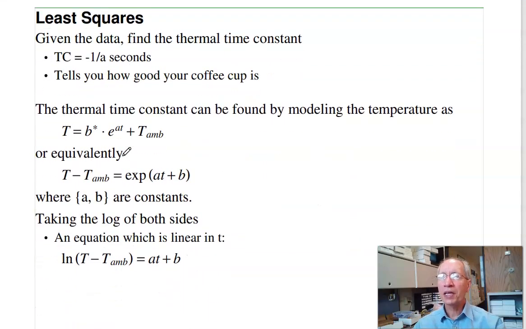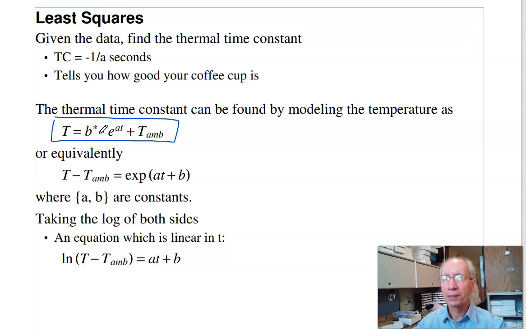So let's estimate that thermal time constant. Once I get my data, I can analyze it. The time constant should be minus 1 over a in seconds. Tells you how good the coffee cup is. What I want to do is come up with the terms b and a to approximate my data.